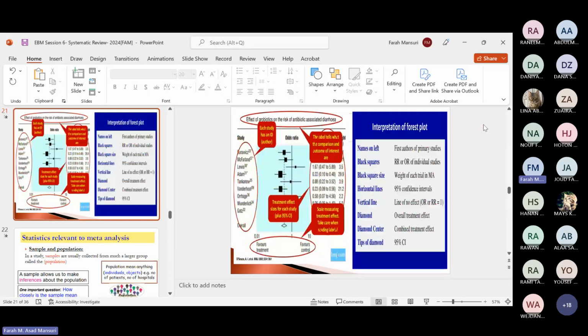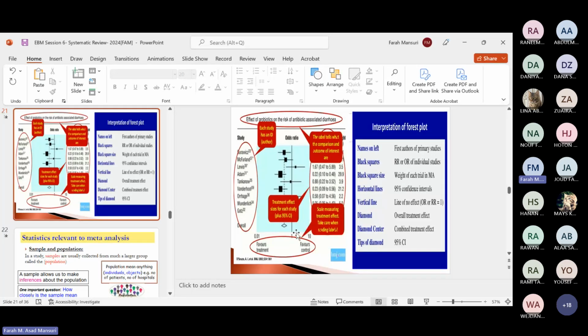What is there on the left side? Is it the first author, or the last author to be mentioned, or the year of the study? What are these black squares meant for, what is the diamond? And that actually tells you the line of no effect. Where is the line of no effect?